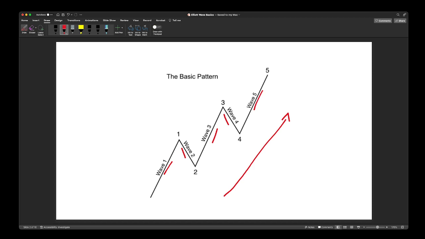It's the most basic pattern, a five wave movement to the upside. Waves 1, 3, and 5 are your motive waves. Waves 2 and 4 are your corrective waves. And in total, you'll have five waves.